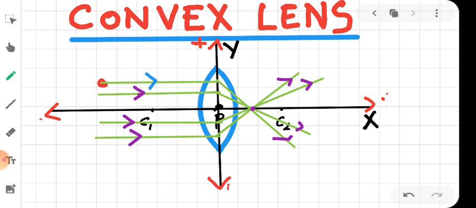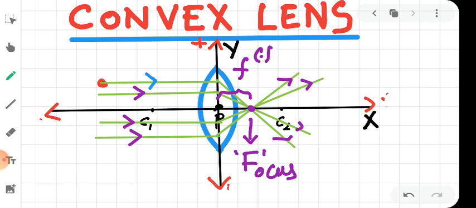As you can see, this is where it meets, and this point where all the parallel rays come to meet is known as the focus, and is represented using the letter F, focus. Let me tell you one more thing. The distance from pole to the focus is known as focal length and represented by small letter f.